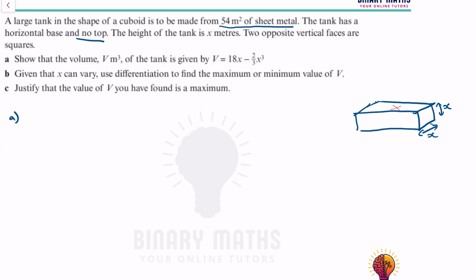Okay, so what we do know is the surface area is equal to 54. But we also know that the surface area is equal to the sum of all the faces. So we need to introduce another unknown here. Let's call this y. Then the surface area would be, from the two vertical faces, x² plus x².